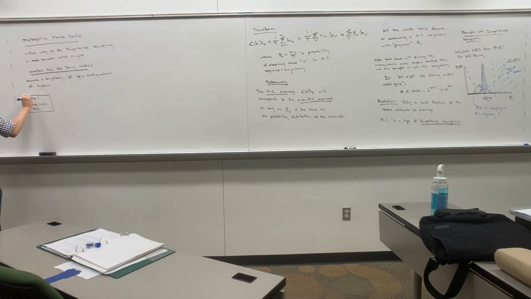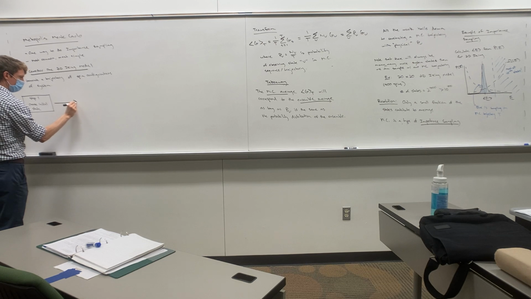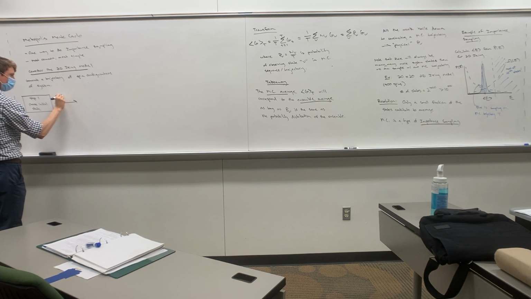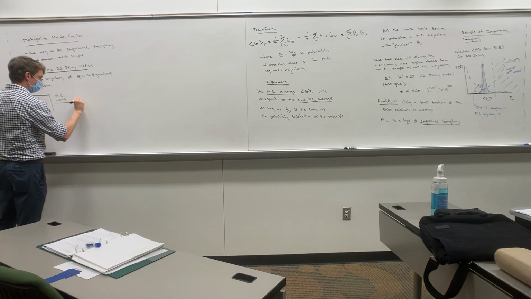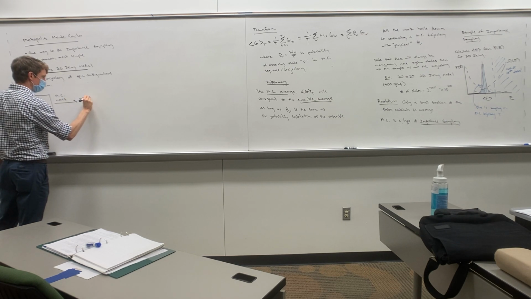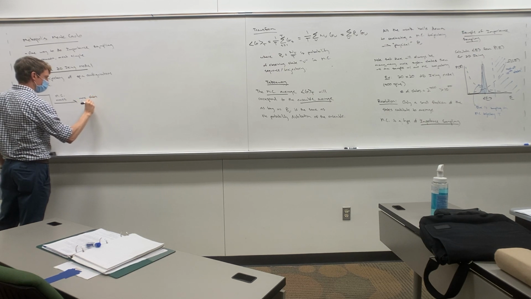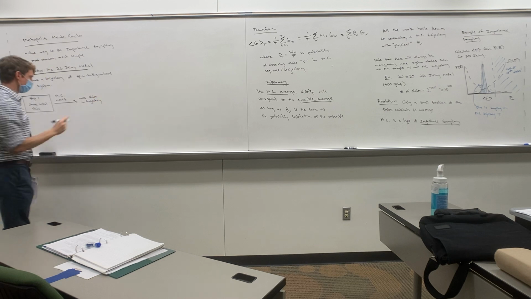That's the first thing we do. And then we do Monte Carlo moves. Okay? So we have to do something to the system. We call that a Monte Carlo move. And from the initial state, we get more states in the trajectory. Okay?